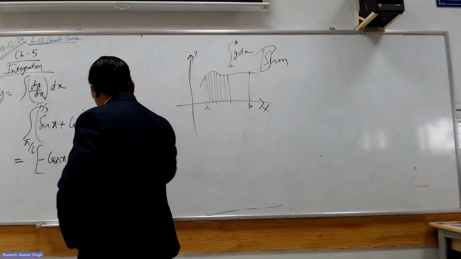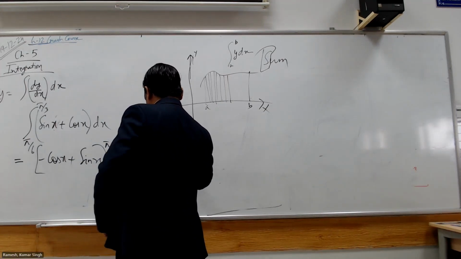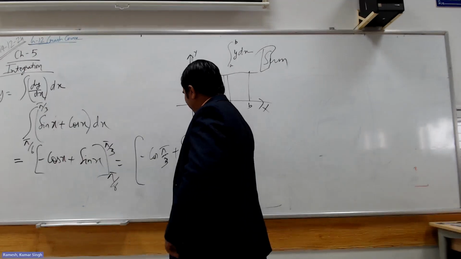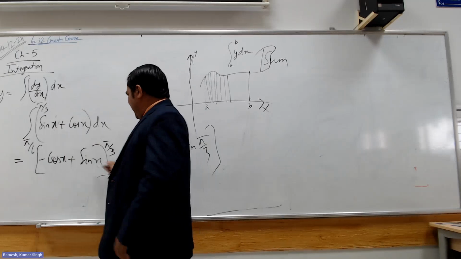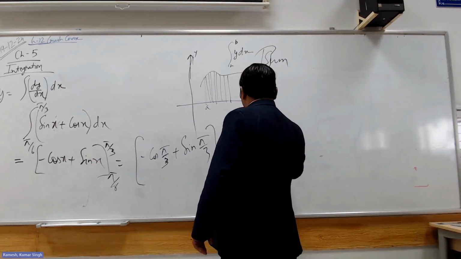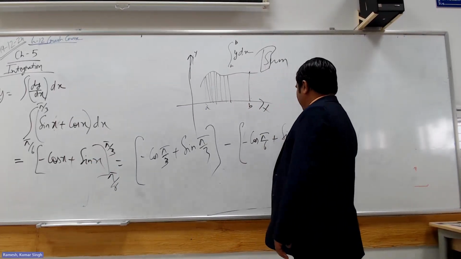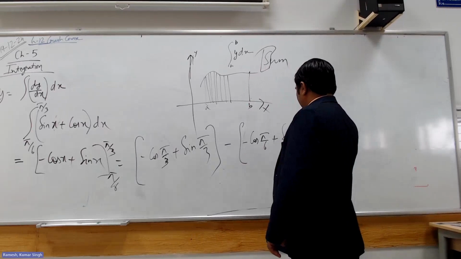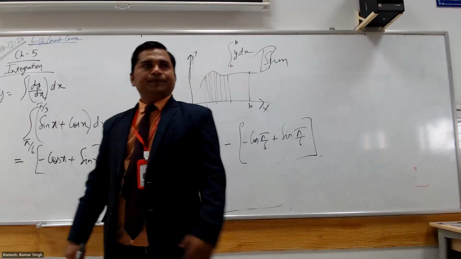Now we substitute pi by 3: negative cos pi by 3 plus sine pi by 3. That's the upper limit, minus the lower limit: negative cos pi by 6 plus sine pi by 6. Put it in the calculator.